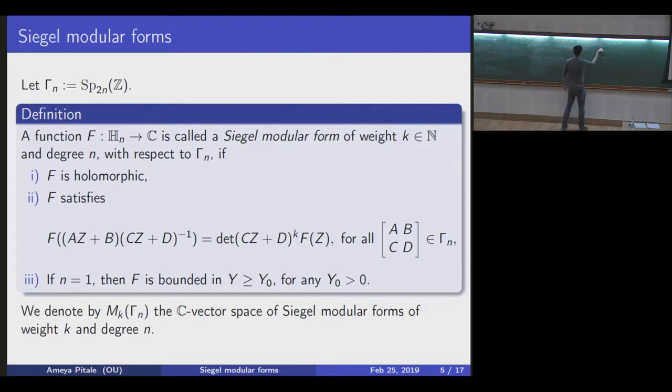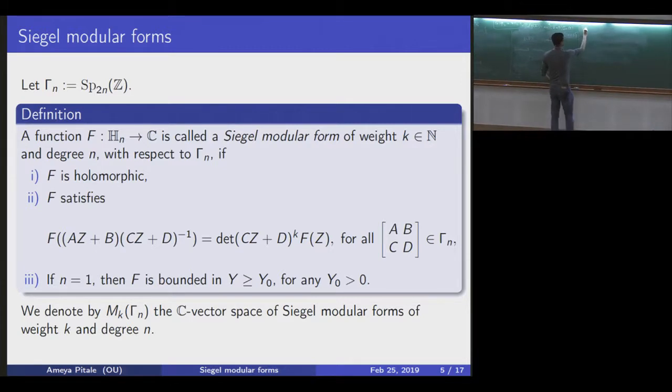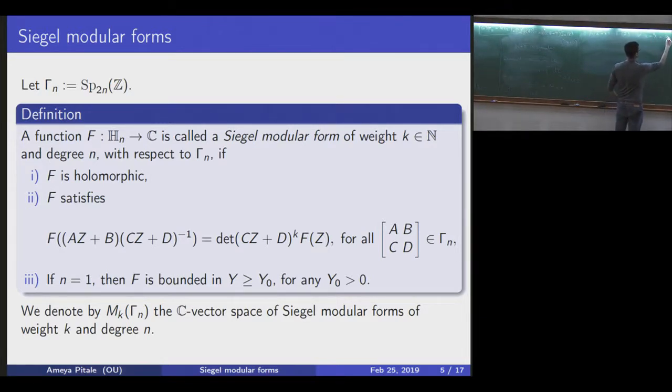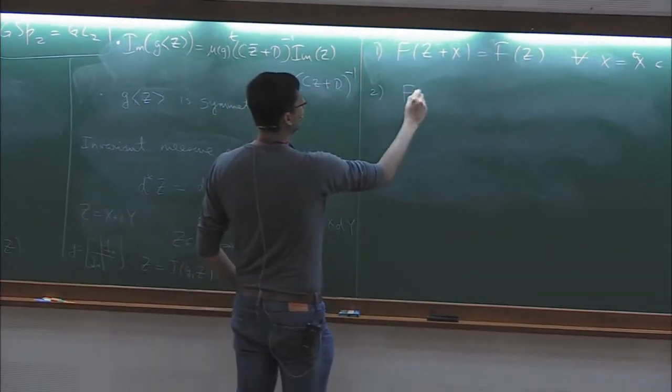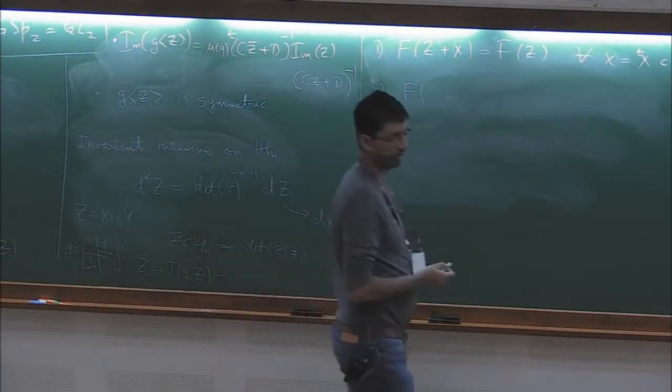We erased these matrices already, and I'm not going to need this one either. The different kinds of matrices we wrote down as the symplectic matrices tell you special properties that this F satisfies. For example, F of z plus x is F of z for all symmetric integer matrices x, because we want to be in gamma n.